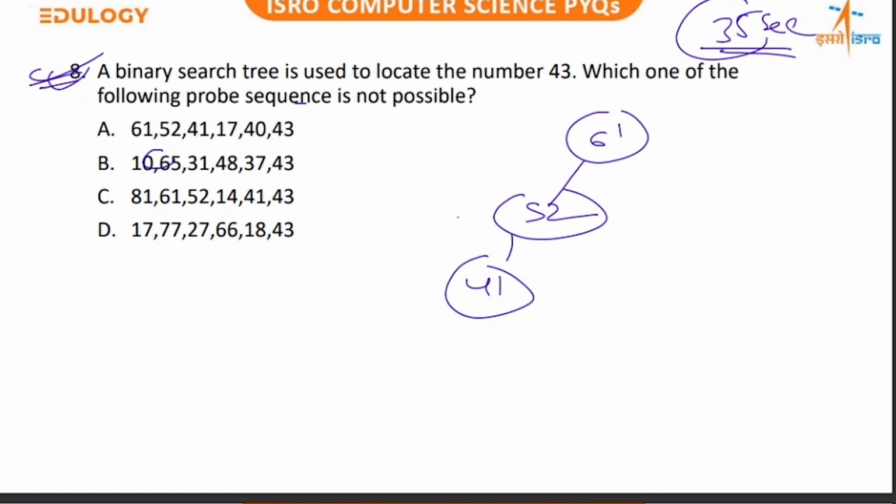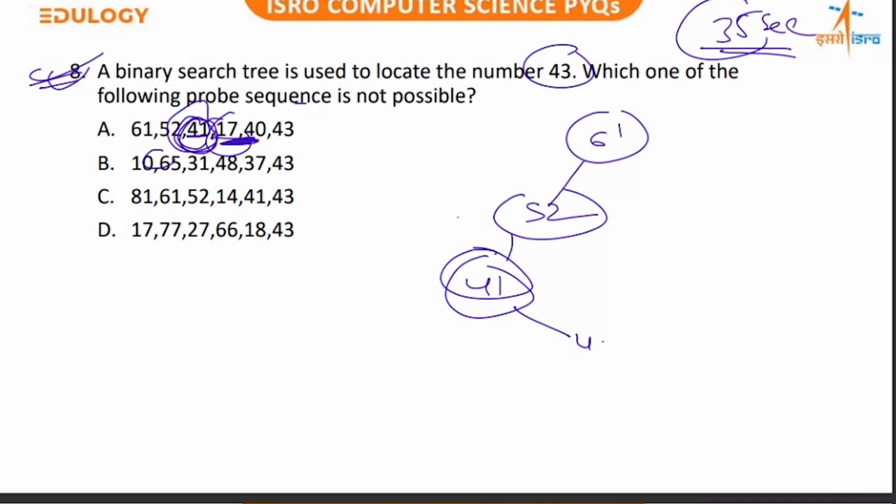Now greater than, it will come this side. After 41, 17 is the smallest. We need all the values after 41 to be larger than 41, but here 17 is smaller than 41.